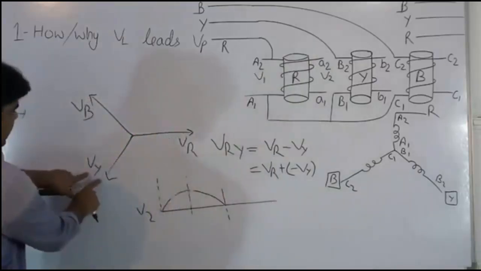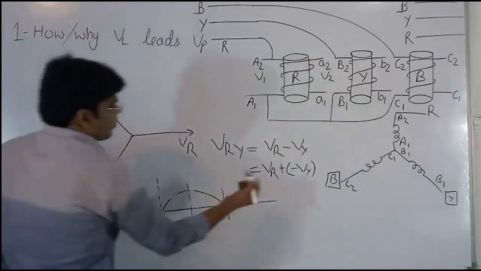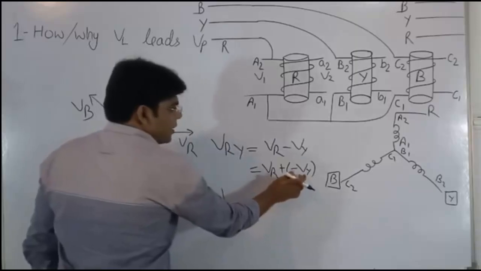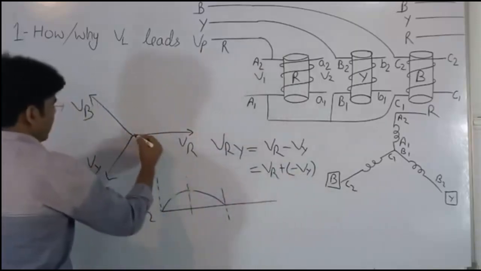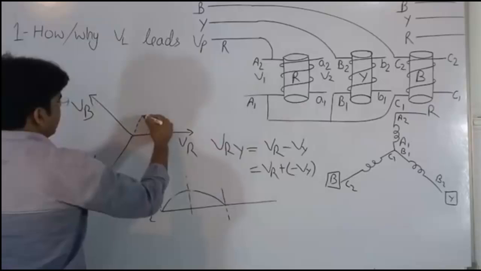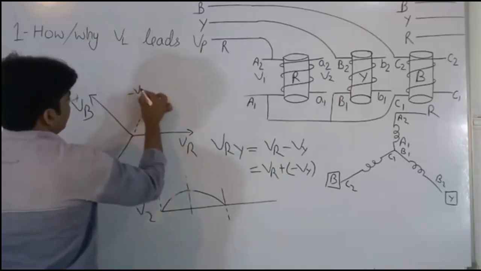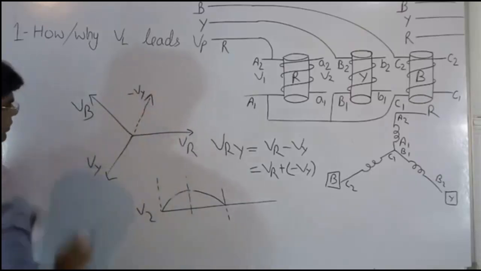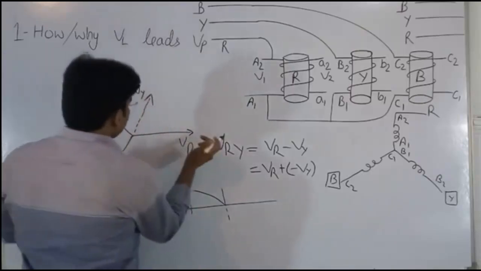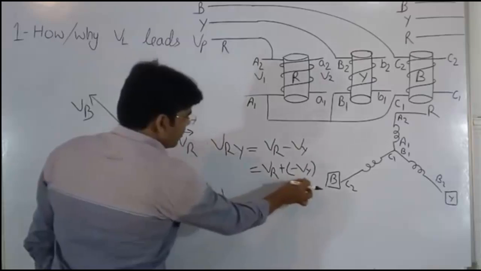We know VY is this. So, where is minus VY? We will get minus VY here. It will be minus VY, opposite to plus VY. Now from here we will add VR minus VY.